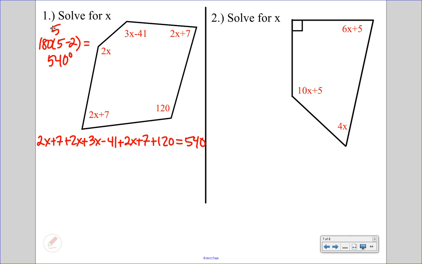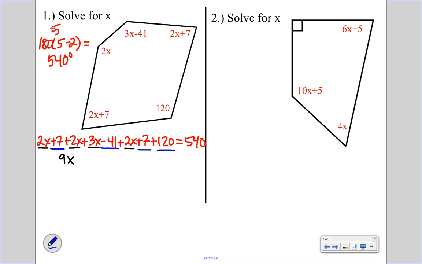Let's combine our like terms. 2x, 2x, 3x, 2x. And that gives us 9x. Then we have positive 7, negative 41, positive 7, positive 120. So 7 minus 41 plus 7 plus 120.